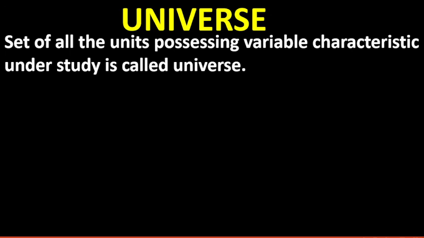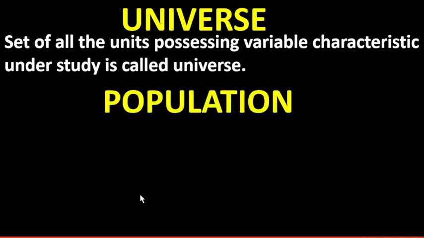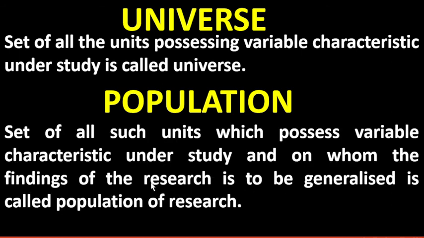It depends upon the definition of population given in the research. The population is the set of all such units which possess the variable characteristics under study, and the important thing is that it is the group on whom the findings of the research are to be generalized.